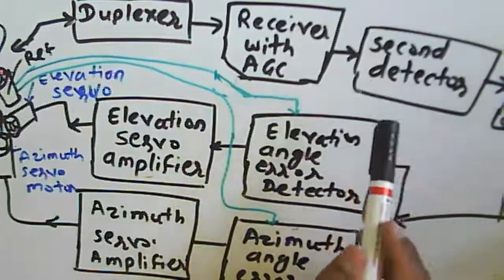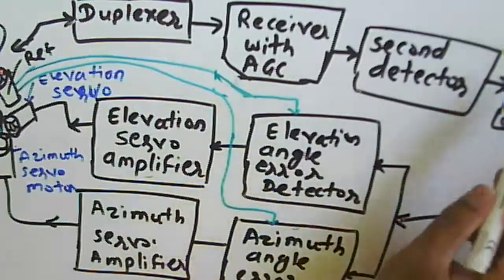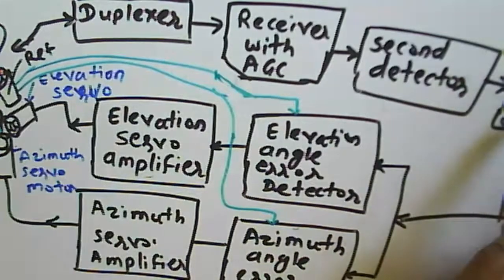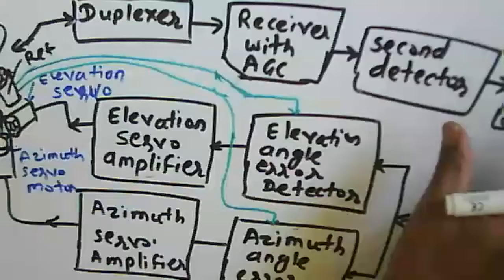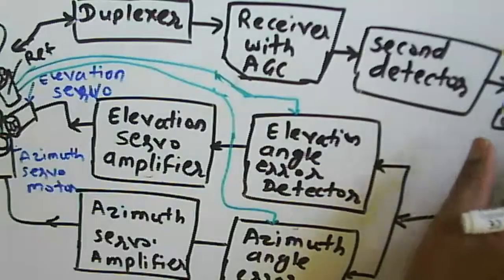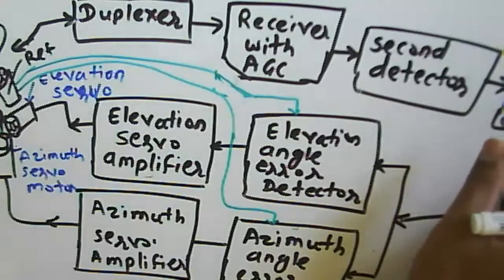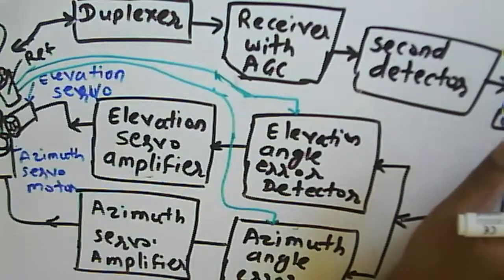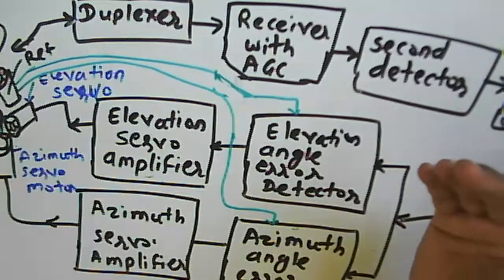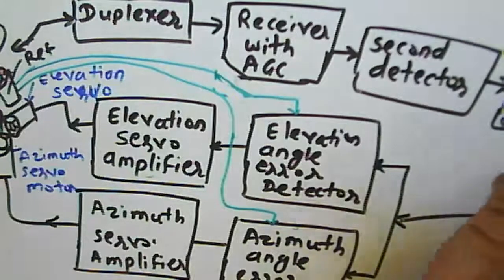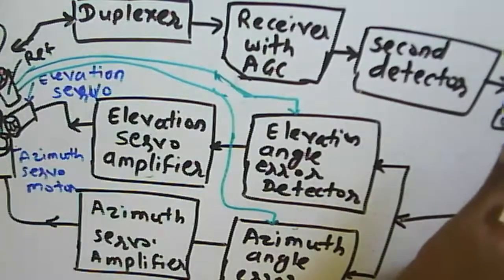Then we consider the range gating here, the range gate, which is useful for identifying the pulses. The train of pulses we are receiving is modified or extended there.